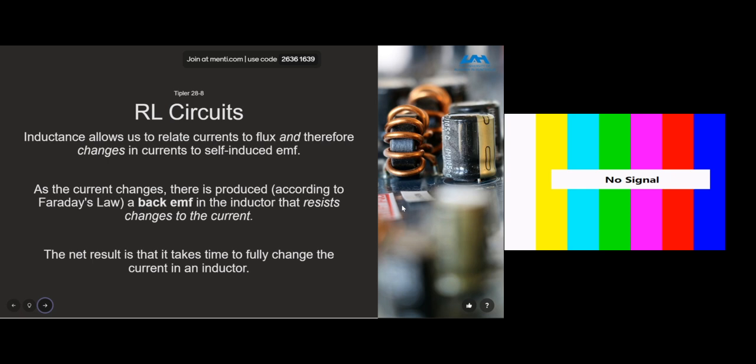The net result is that it takes time to fully change the current in an inductor, okay? Again, it goes back to the idea that if you have increased mass, it is going to be more and more difficult to change the velocity of that system. Just like if you have more inductance, it's more difficult to change the current.